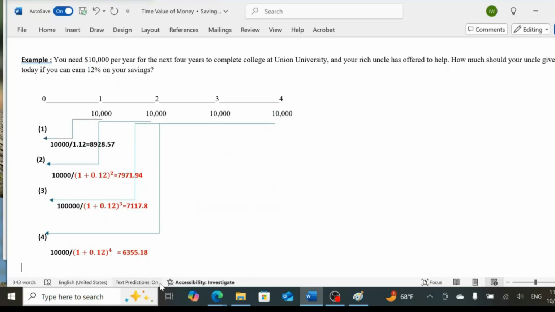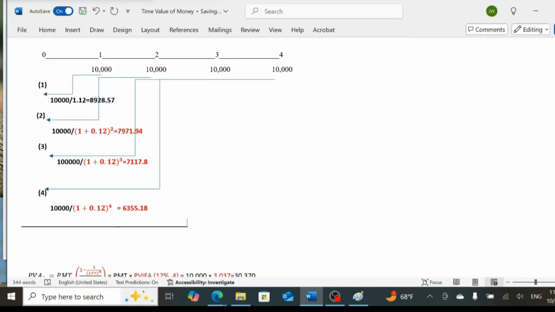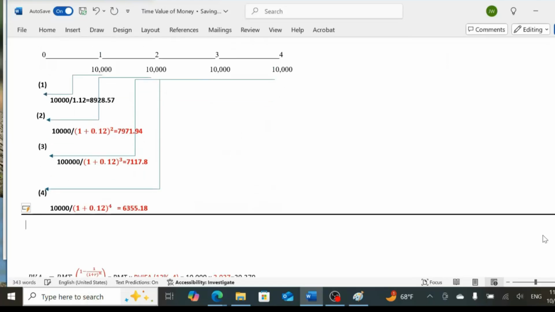But why does the uncle need to write 4 different checks? He can just write one big check. So what is the one big check? You just sum all these four. Let's add them together.